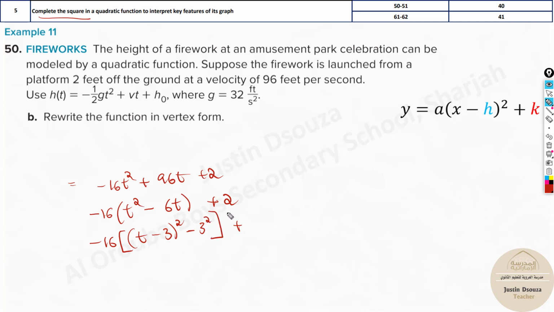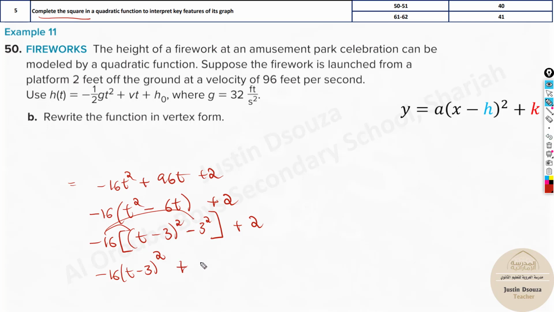plus 2 is outside. Now this 16 has to be multiplied inside like a distributive property. It will be negative 16 times t minus 3 the whole square. And this is all numbers, okay? Minus and minus will become plus. 3 squared is 9.